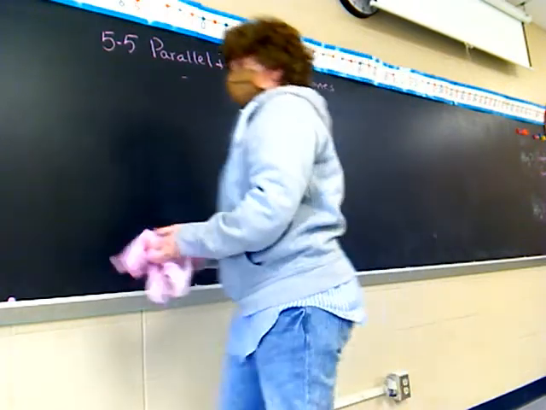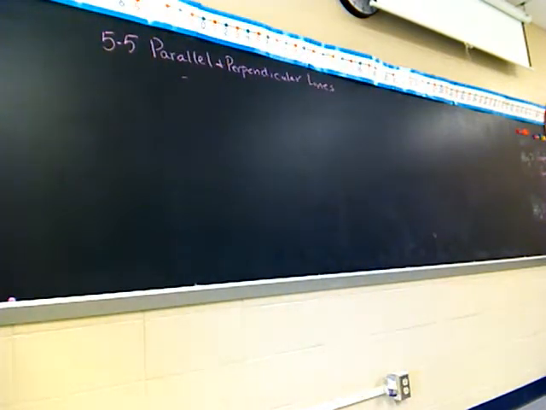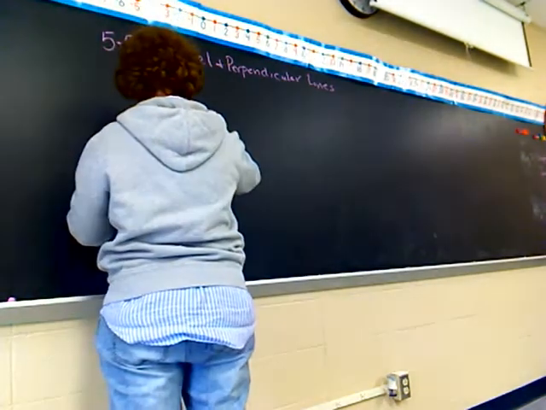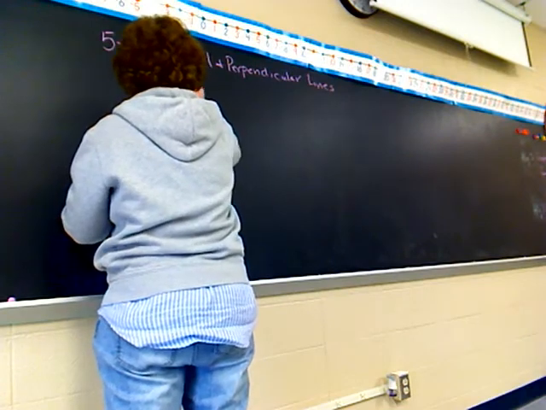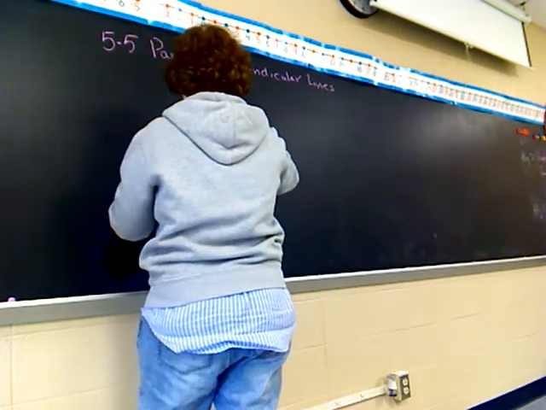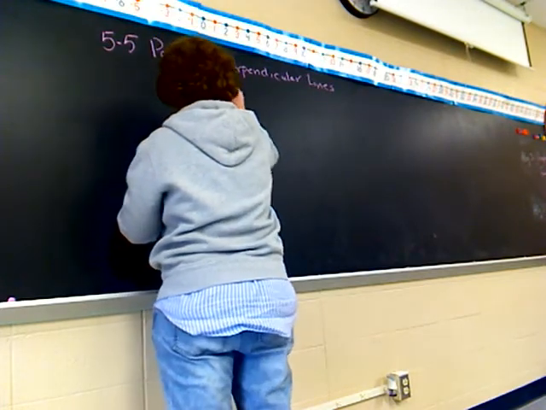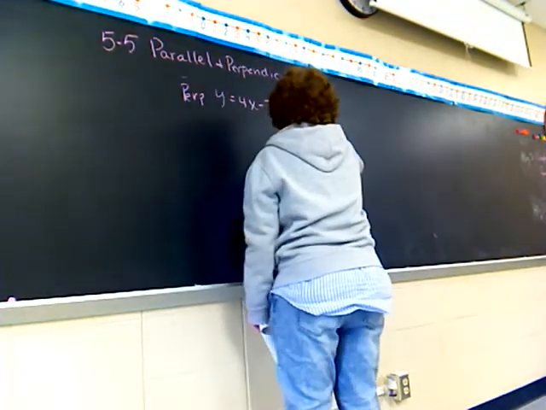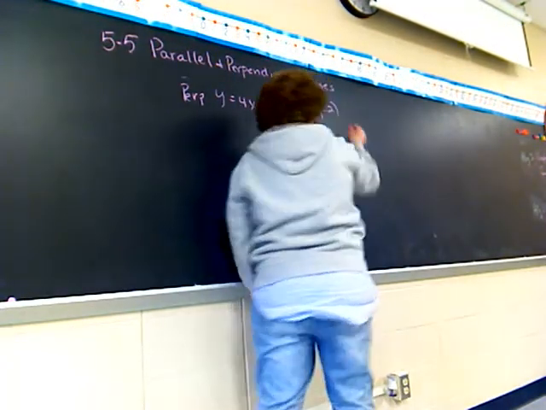So I want to write an equation for a line that's perpendicular to this line. It goes through the ordered pair (-8, -2).